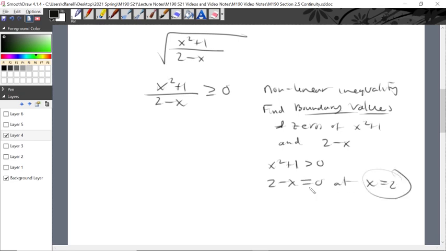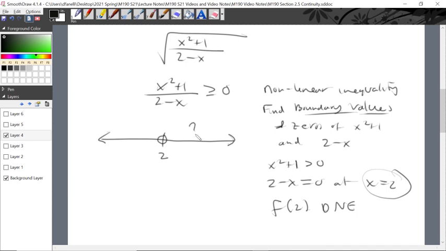So we have a boundary value at x equals 2, and we can consider intervals around x equals 2. Furthermore, note that x cannot equal 2. f of 2 itself does not exist, so x equals 2 is not within its domain.